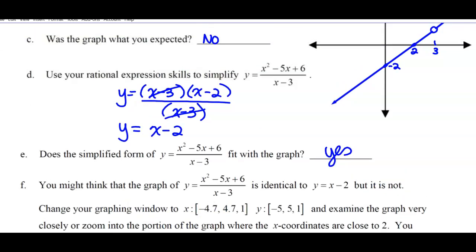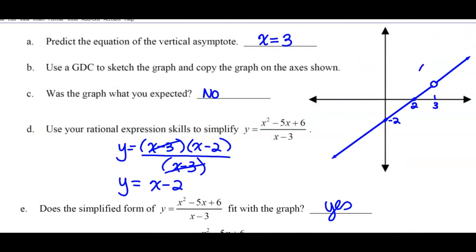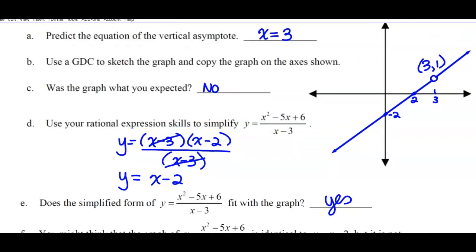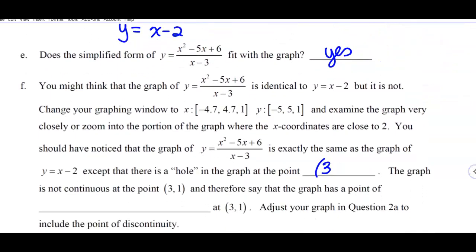So when x is 3, y is 1. Okay, so the coordinates of this point here are 3 and 1. So substitute x equals 3 into the simplified equation.